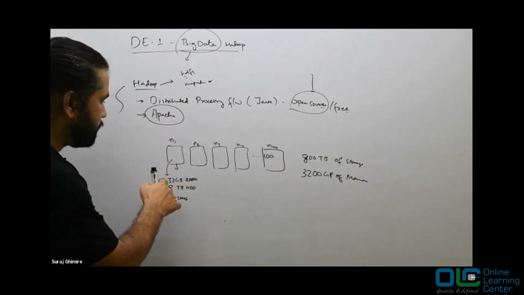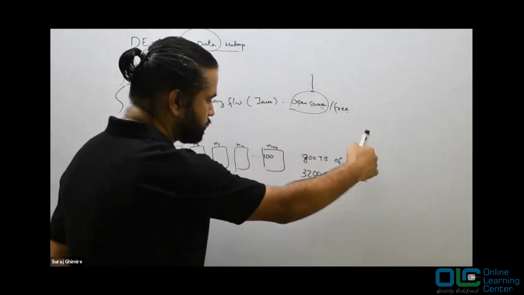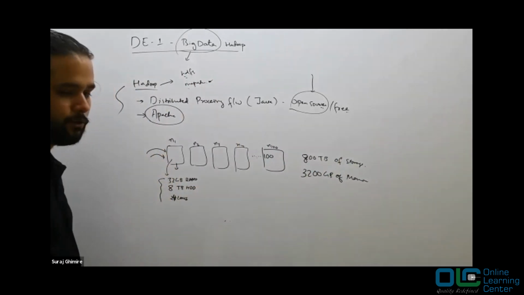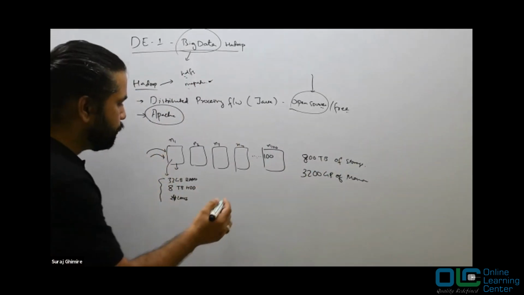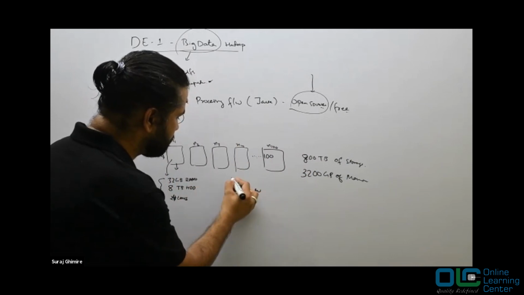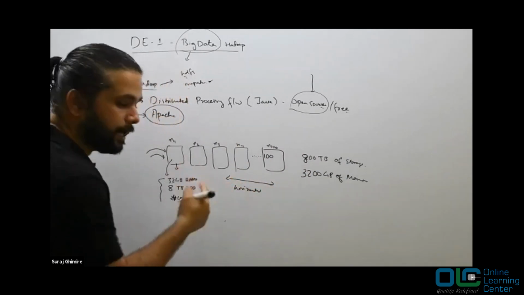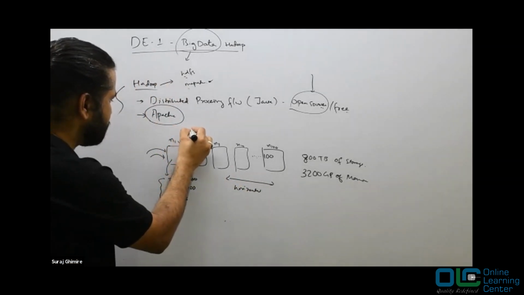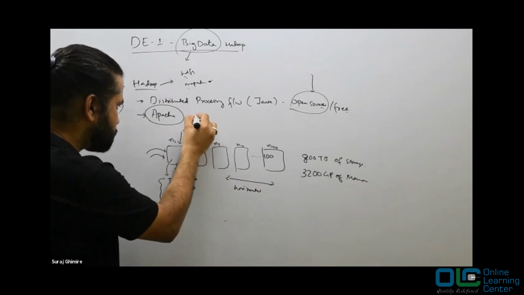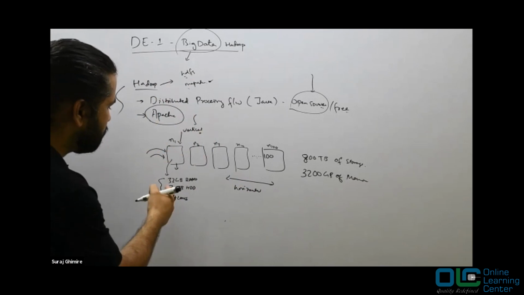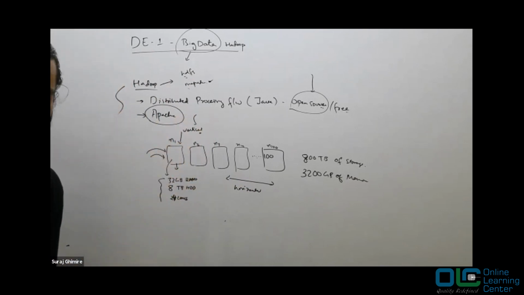So you can either add more nodes or you can make them more powerful. What I'm trying to tell you here is, in Hadoop you can do horizontal scaling, adding more nodes, or you can also do vertical scaling up to a certain extent. Because you cannot make this system have 1000 TB of hard disk, because 1000 TB of hard disk is not available yet.